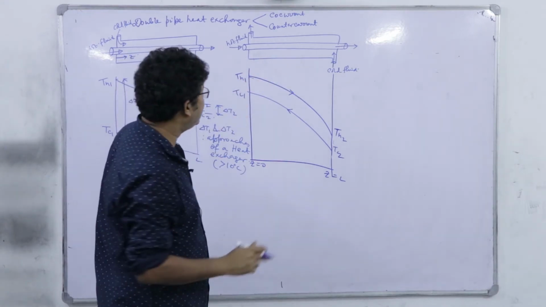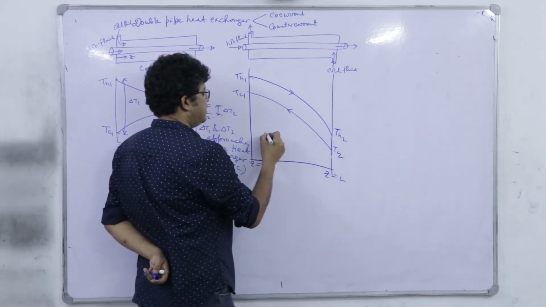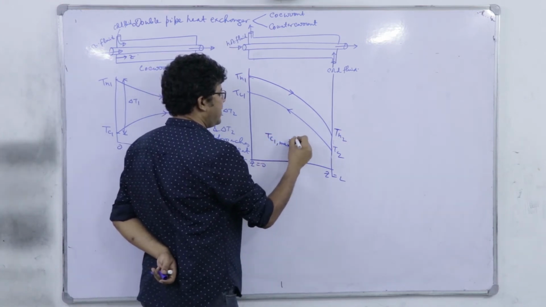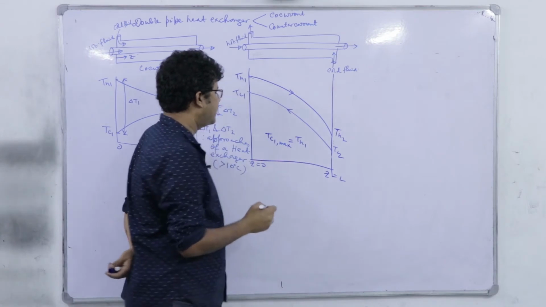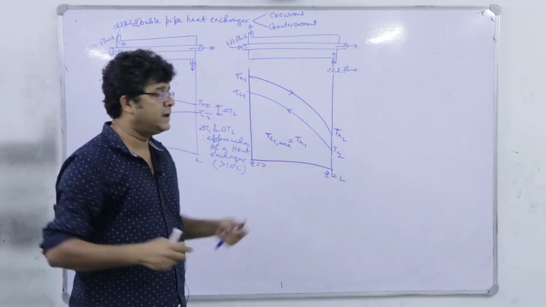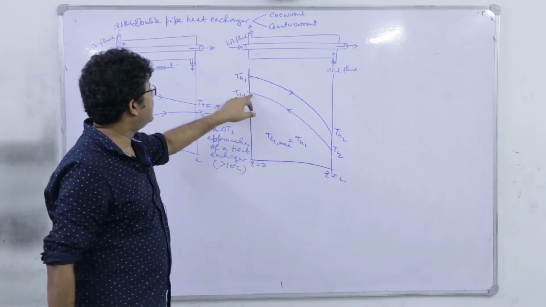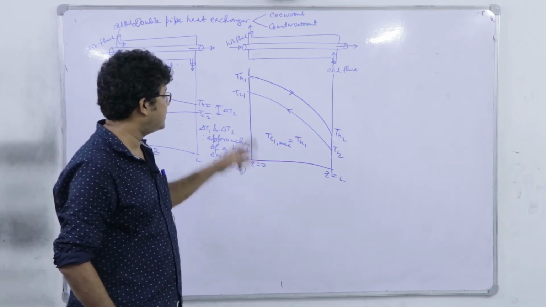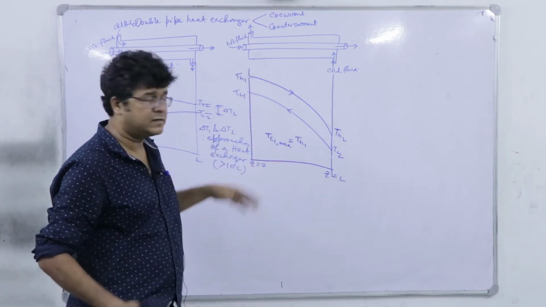So, qualitatively we can say that TC1 max is equal to TH1, right? The cold fluid maximally for infinite length heat exchanger can achieve the same temperature as that of the inlet of hot fluid, which is the highest possible temperature in this system.